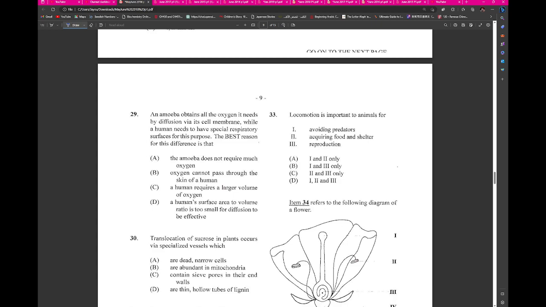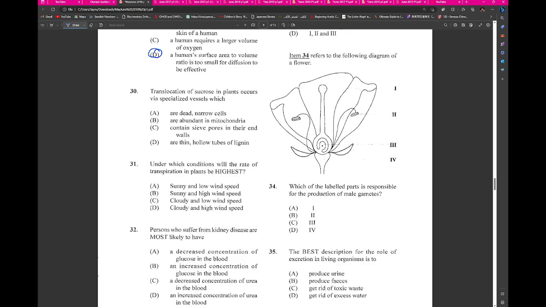An amoeba obtains all the oxygen it needs by diffusion via the cell membrane, while the human has special respiratory surfaces for this purpose. The best reason to explain this is that humans' surface area to volume ratio is too small, right, for effective diffusion.